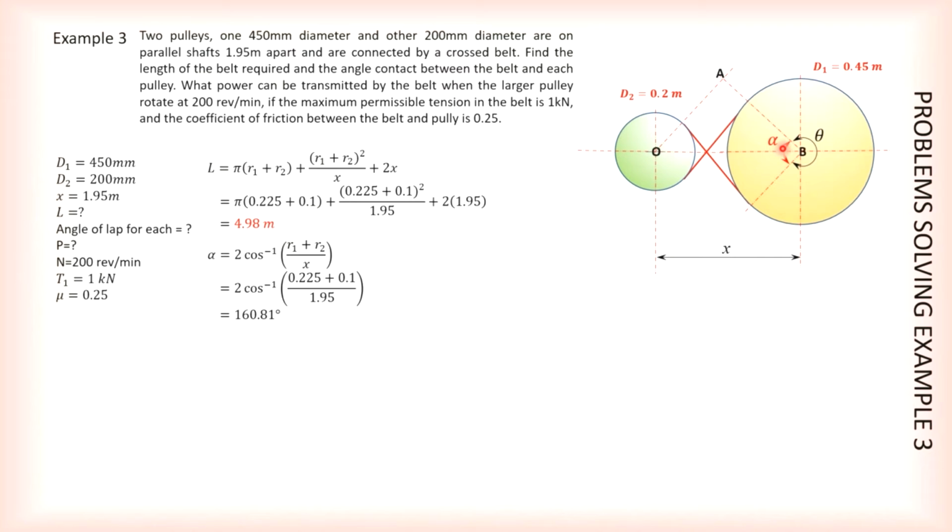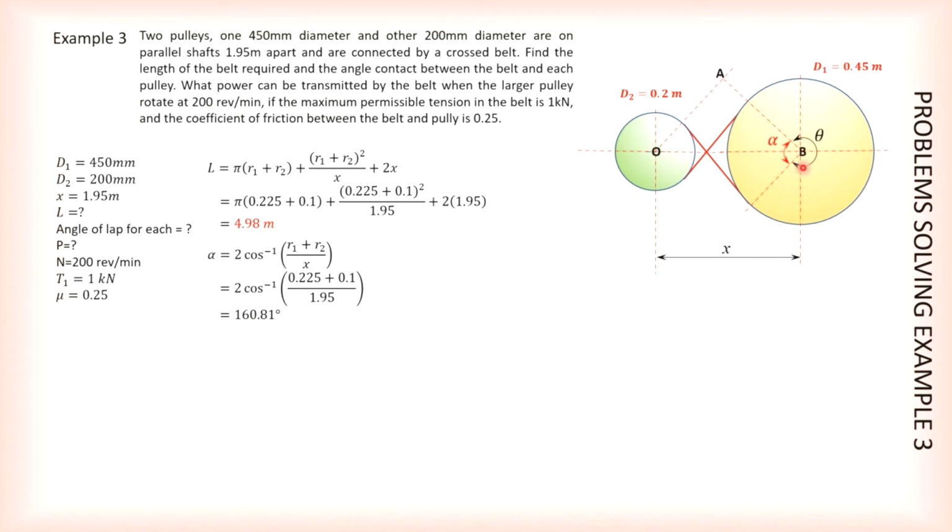Then the next thing is to calculate this angle alpha here so that we can calculate the angle of wrap. So to find alpha from the earlier proving formulas, we got alpha equals this. Putting in your R1, R2 and the center to center distance here, which is 1.95 meter, you can find out the alpha, this angle here.